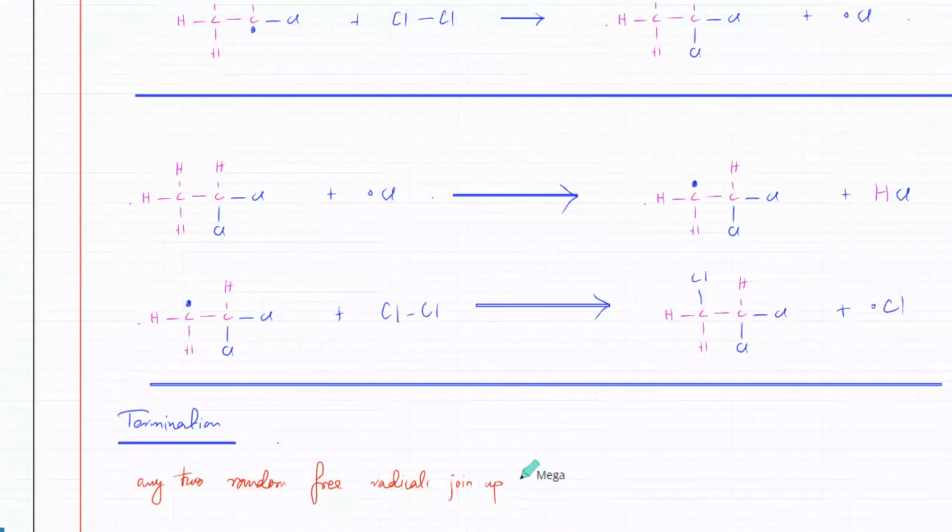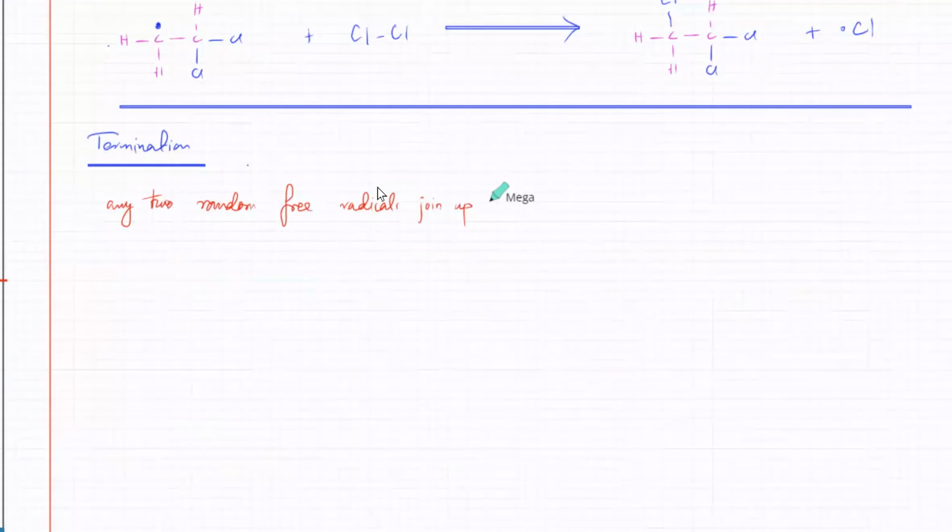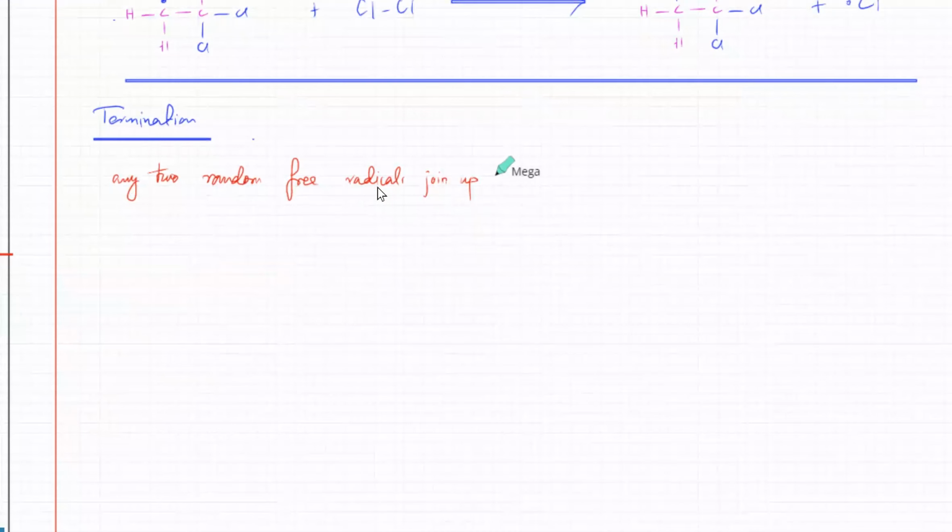Let's say there are two free radicals now. There's a Cl radical, and let's say there's an ethyl radical.